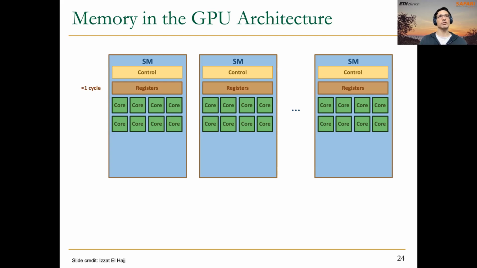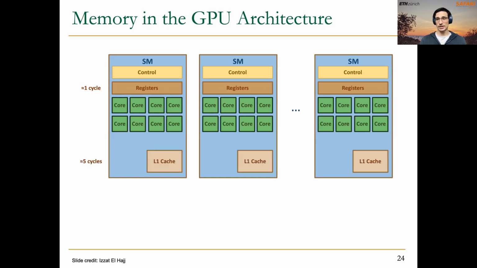And these SIMD functional units can access registers pretty fast, in essentially one cycle. There is a register file in each GPU core or each SM, and this register file is partitioned across the different threads that are going to run on each SM or GPU core.